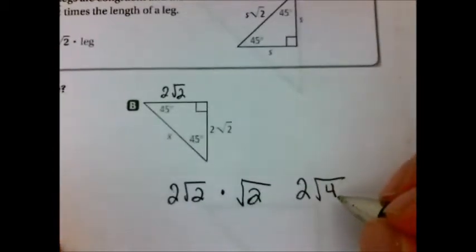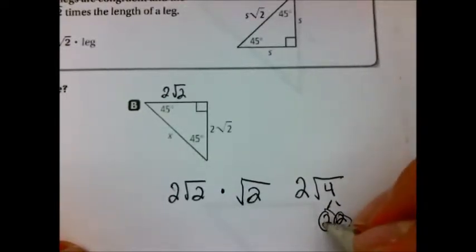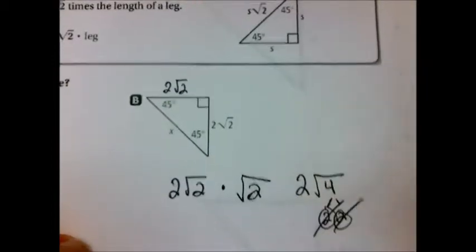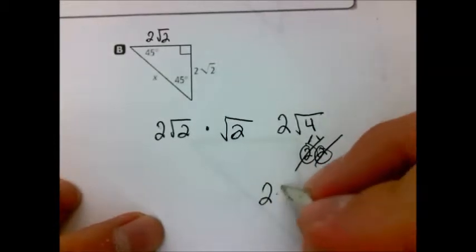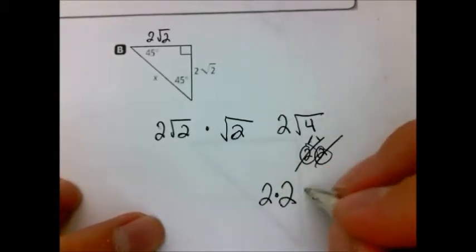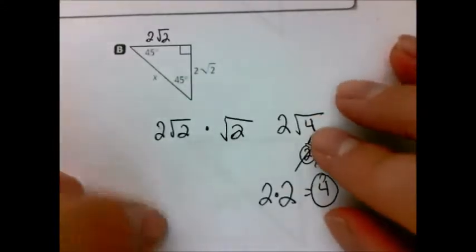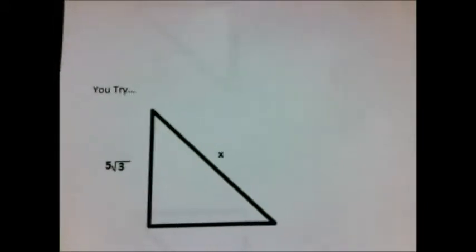Now we can break down square root of 4 into 2 and 2, which means we have enough to cancel out and bring outside the square root sign. So technically I have 2 times 2, which gives us 4. So x is 4.